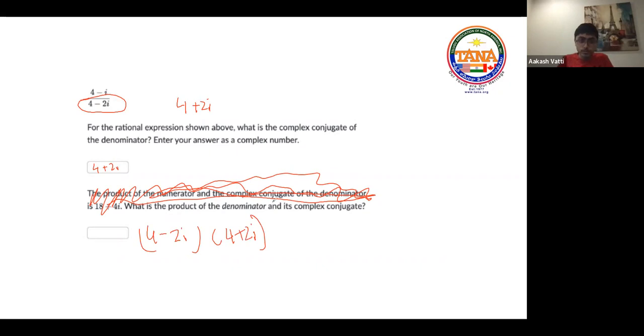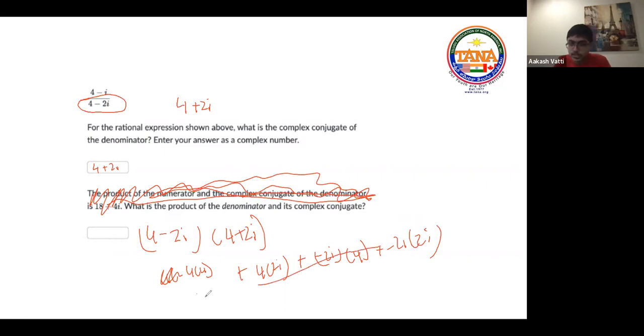And when you FOIL it out, you get 4 times 4 plus 4 times 2i plus negative 2i times 4 plus a negative 2i times 2i. These two cancel out.